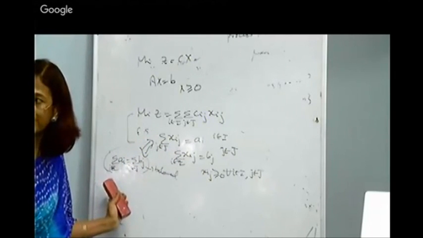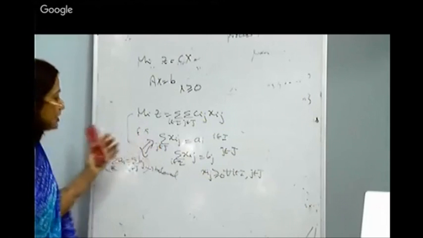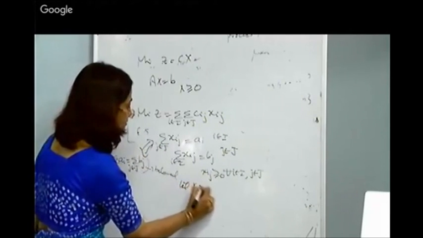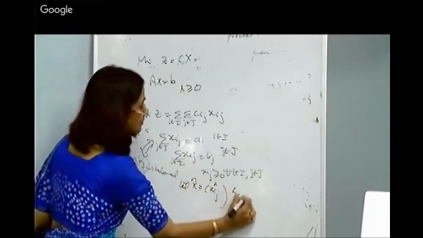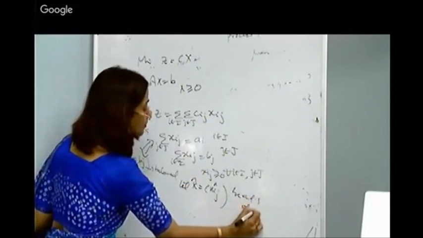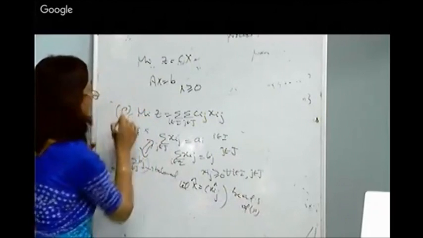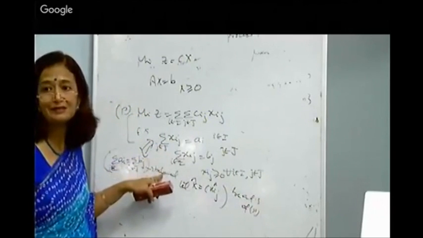Why will it be true? Let x hat, with components xij hat, be a feasible solution of the problem. Let me call this P. It means it satisfies these constraints.